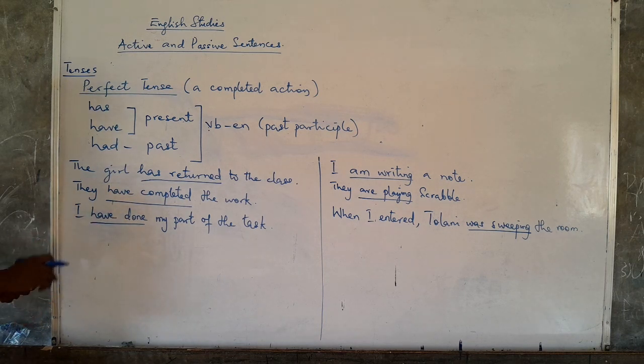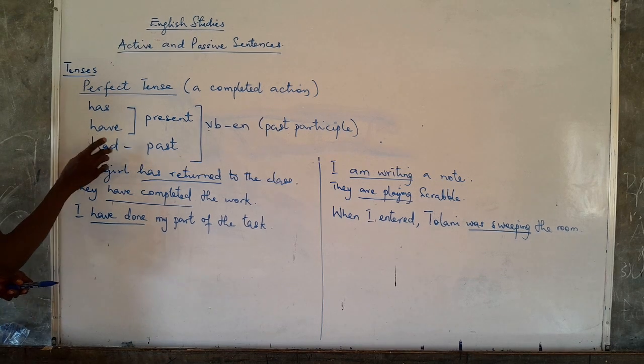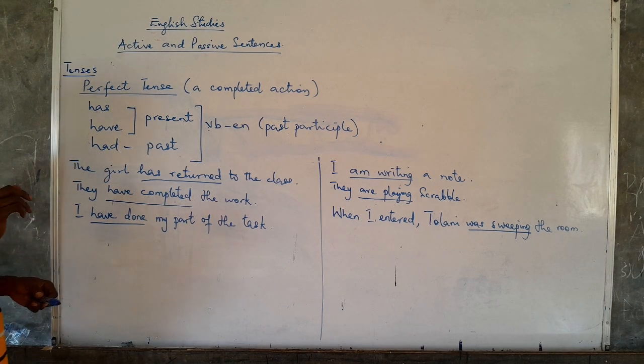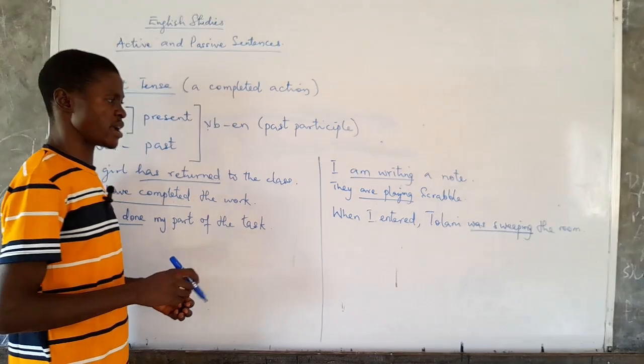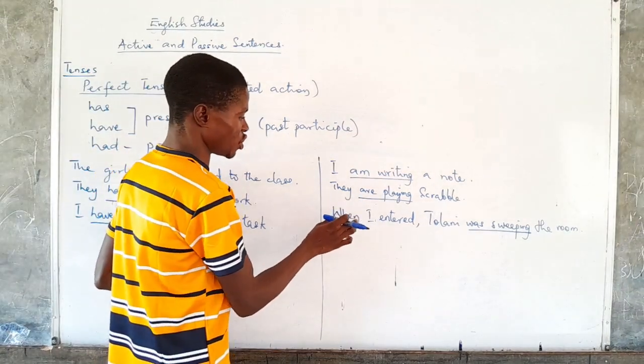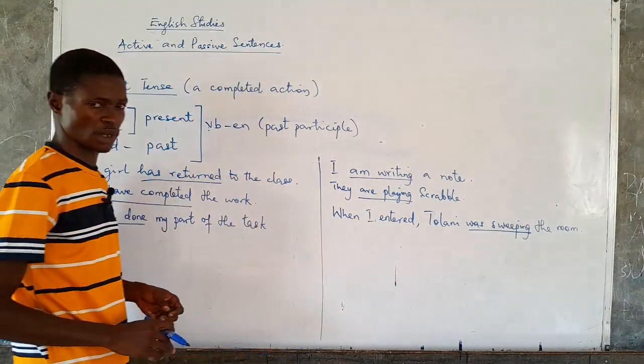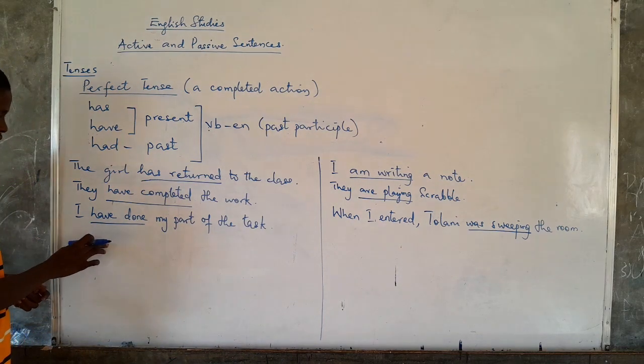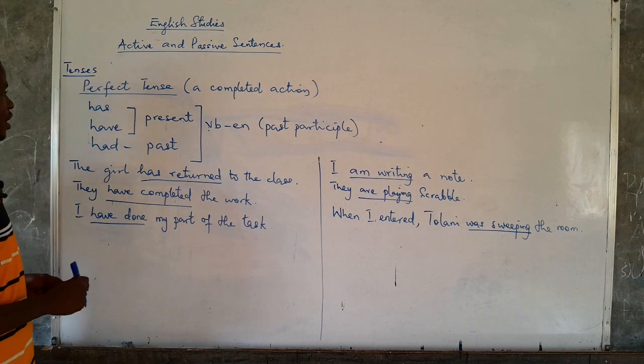Now, apart from this, speaking of the past, talking of had, please remember the rule I gave while we were talking of past continuous. The same rule stands in past perfect.